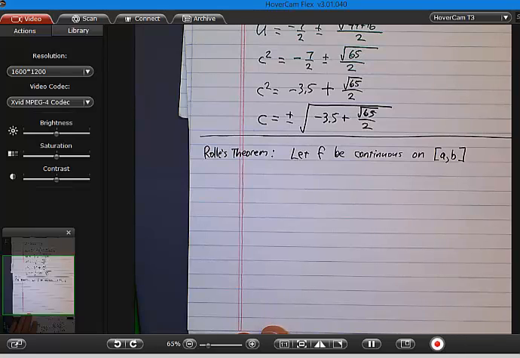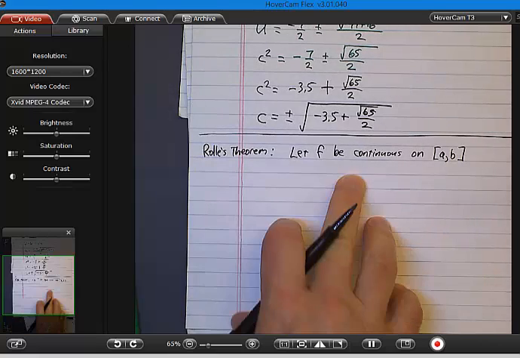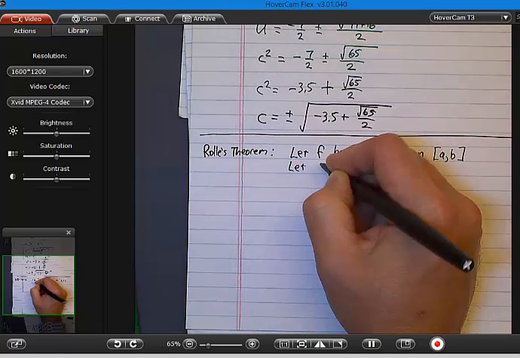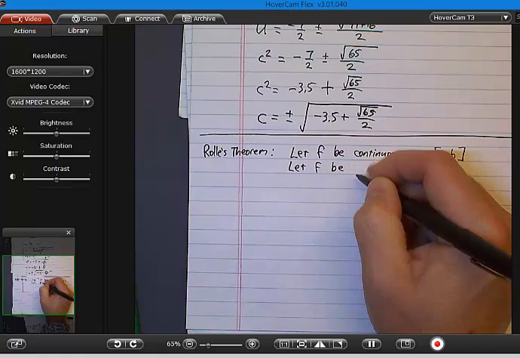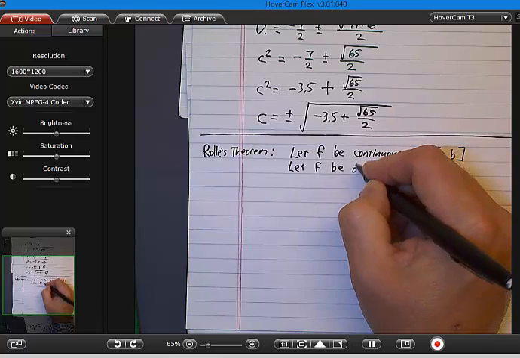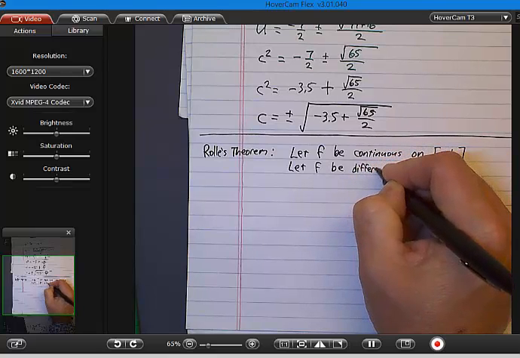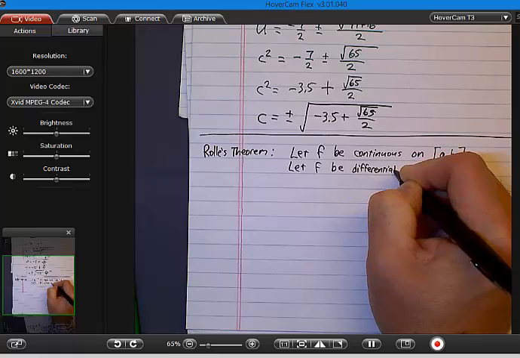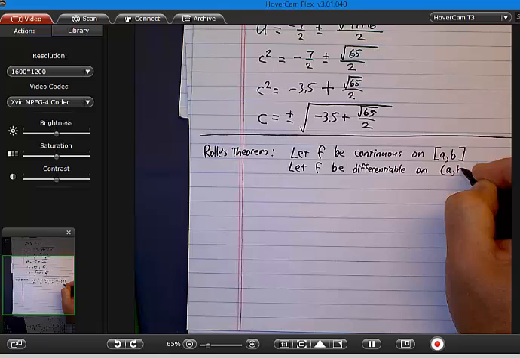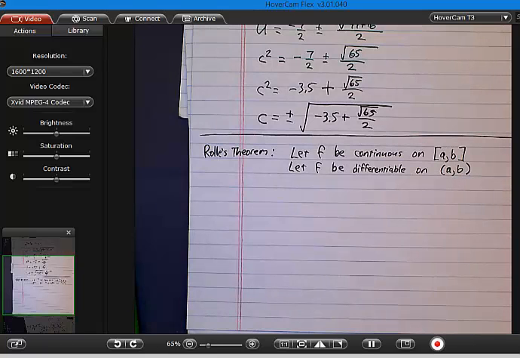At a point, when you take the limit, that's the same as evaluating the function, right? And then we're going to let also f be differentiable on the open interval a, b. This is the same as the mean value theorem, actually. Same hypotheses, right? Okay?